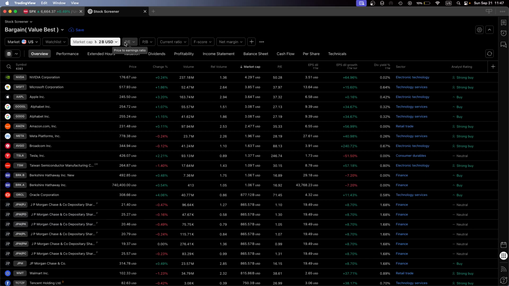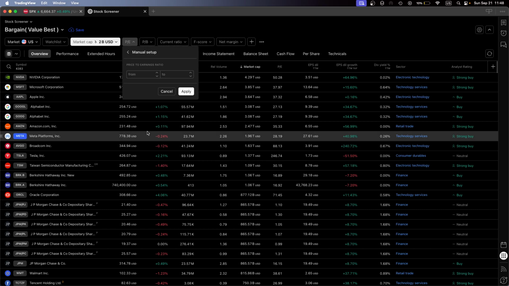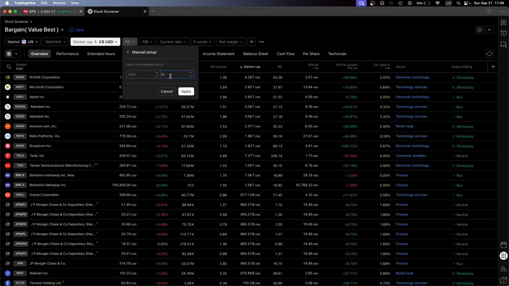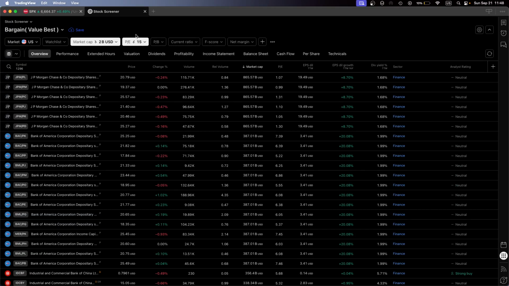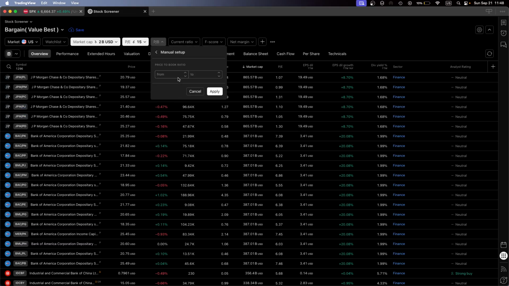We're looking at that sweet spot, basically. So for price to earnings ratio, we're looking for anything which is less than 15, something which is not too much overvalued. So for price to book ratio, we are looking for less than 1.5.